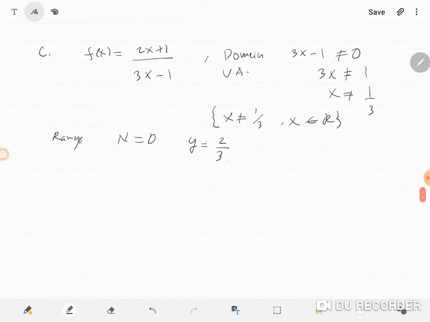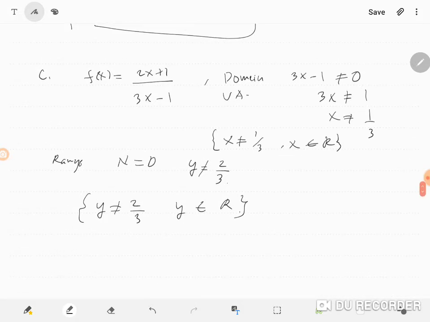So y not equals to 2 over 3. So our range is y not equals to 2 over 3 and y element of real. Okay, so that is the domain and the range.